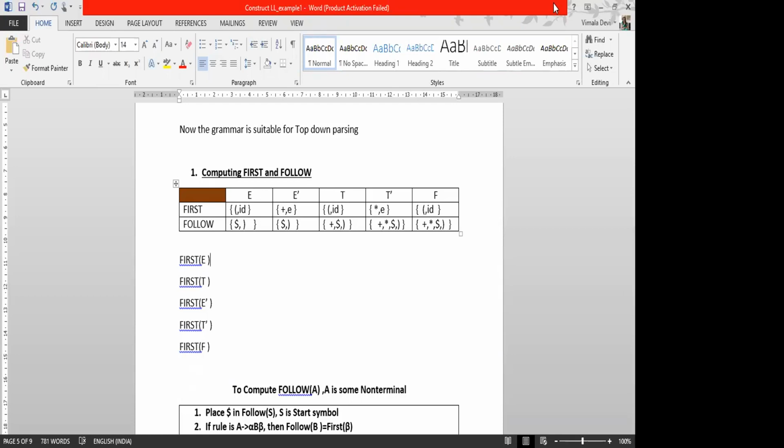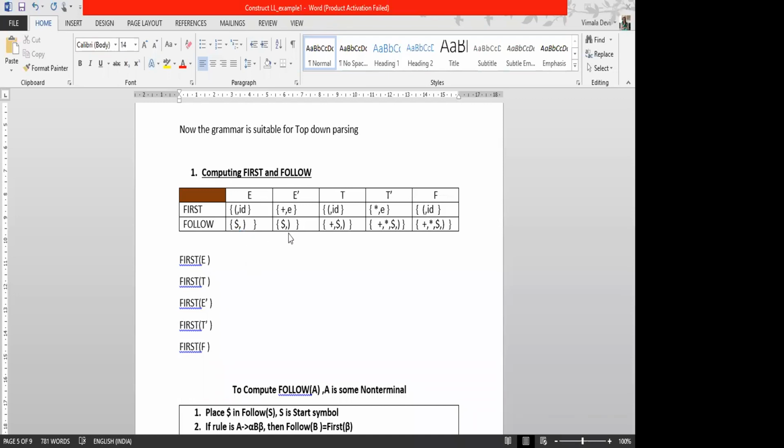Students, if you have copied, let me know. Yes, Shweta, it's dollar symbol. Dollar as well as the close parenthesis.